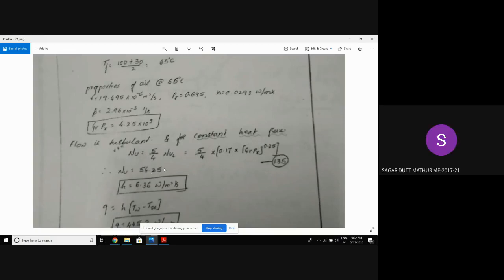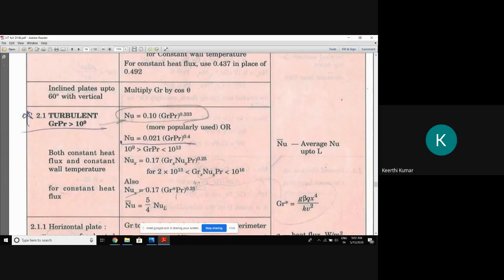Why did we take Nu average? Everywhere we are supposed to take Nu average only. But here there is no separate formula for Nu average and Nu in the earlier case, so we treated that itself as Nu average. But here, if it is a constant heat flux, Nu at X has a separate formula, and Nu average is separate.